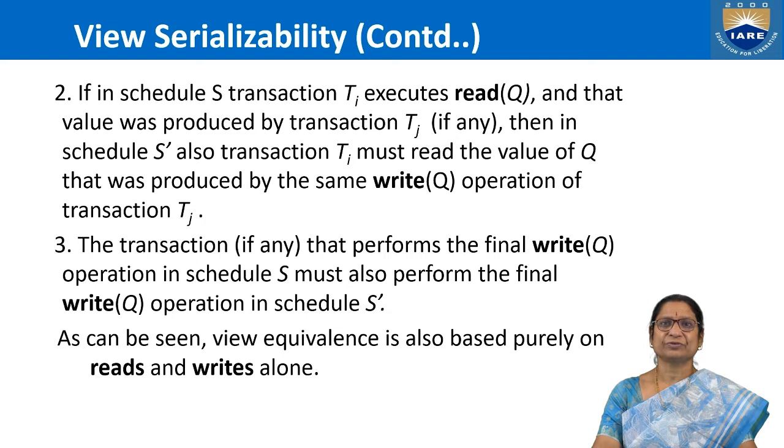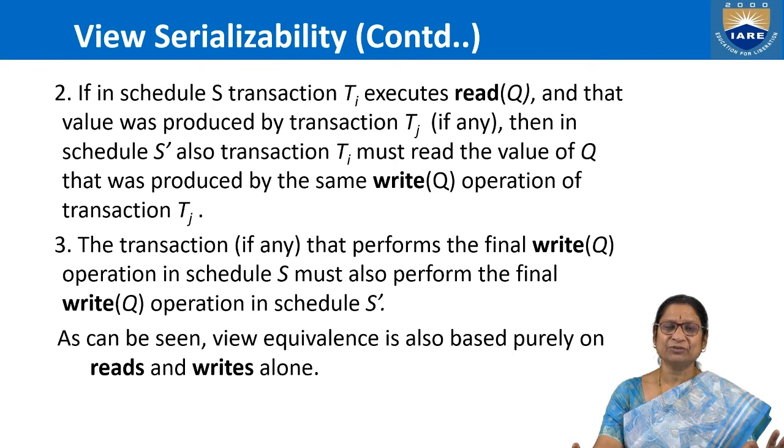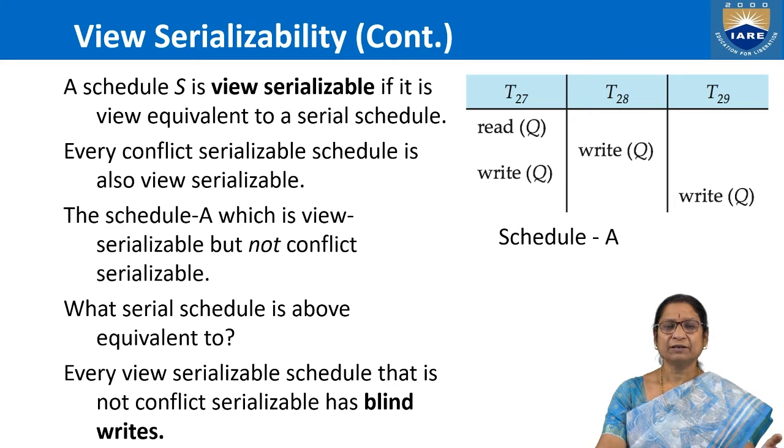That means whichever transaction writes the final value of Q in one schedule, the same transaction should write the final value of that data item in the other schedule also. That means view equivalency is based purely on read and write operations only, which ensure the consistency of the database.